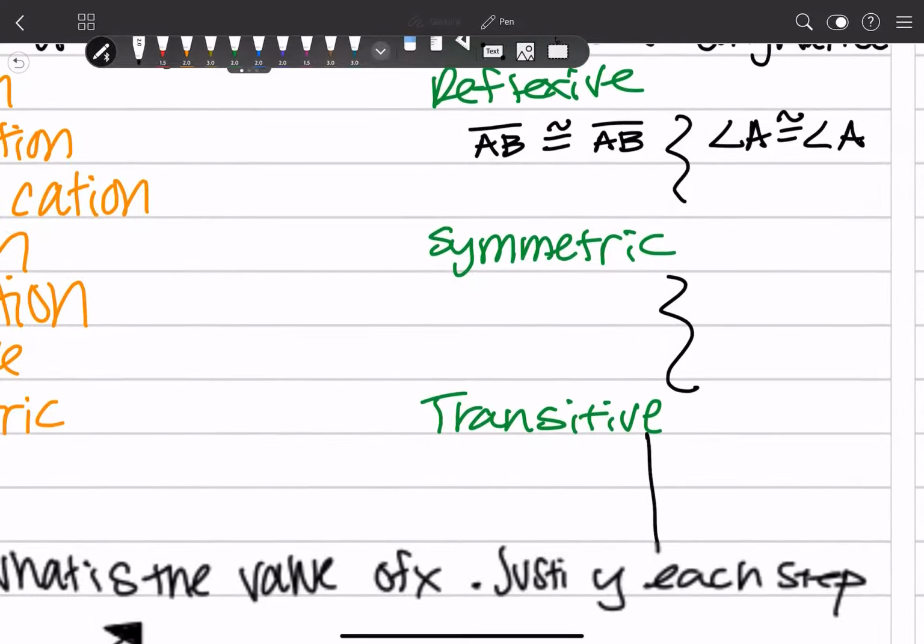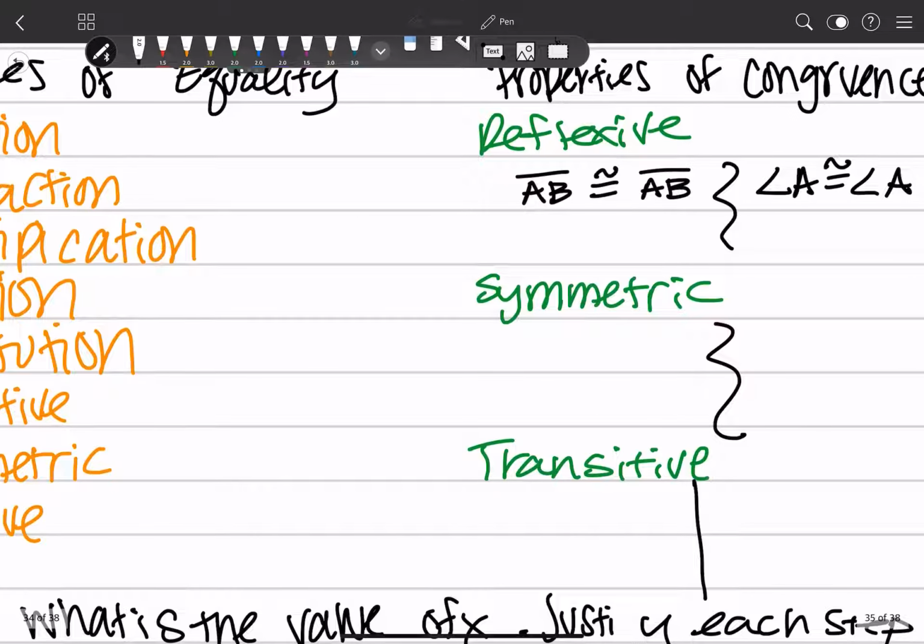It's super helpful. Now your next one, symmetric, remember it's almost like it's flipping across. So if you are told that segment AB is congruent to segment CD, then you can come in and write, okay, well then I can use, by the symmetric property, that segment CD is congruent to segment AB.